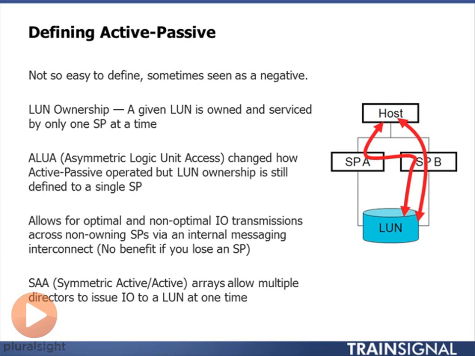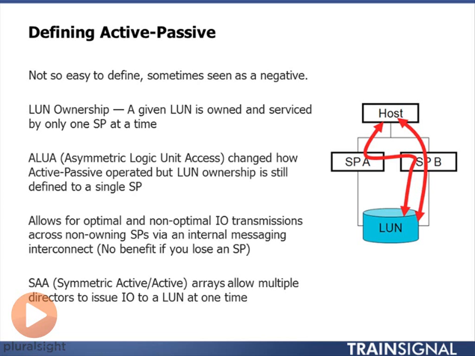I have a host sitting at the top, and I have my big blue LUN at the bottom. Normal access would be that far double-arrowed line off to the right. The host would hit SPB, and SPB owns that big blue LUN, so he's going through paths allocated through SPB.